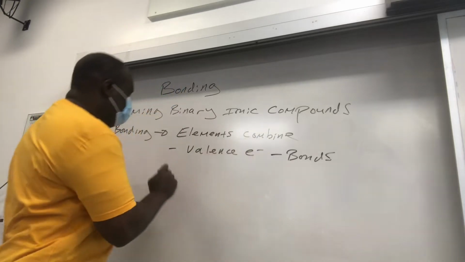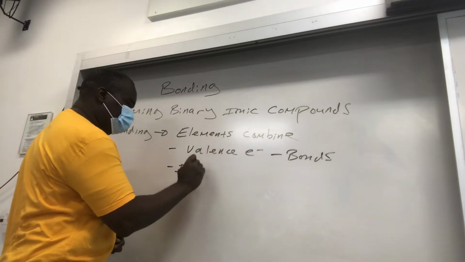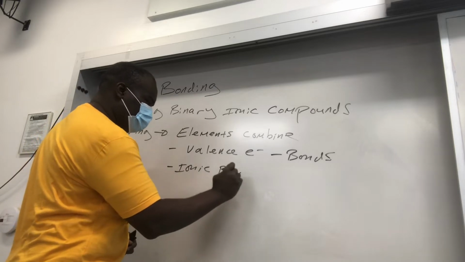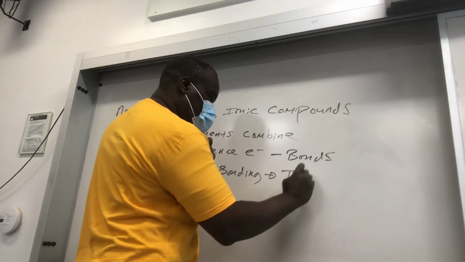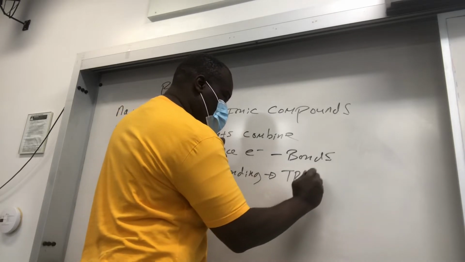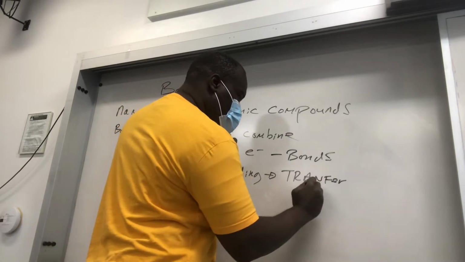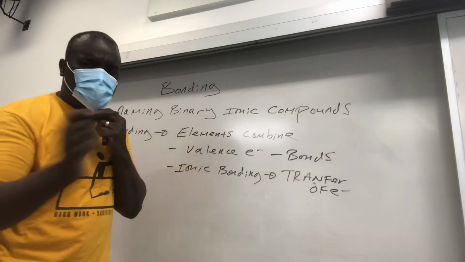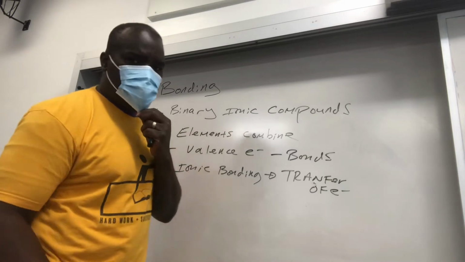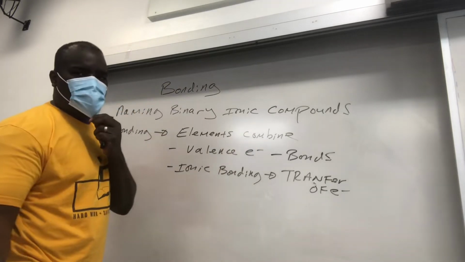And in ionic bonding, guys, there is a transfer of electrons. Now let's do some recapping again. We had this in the previous videos, but let's just recap again. Remember our good friend sodium, right?